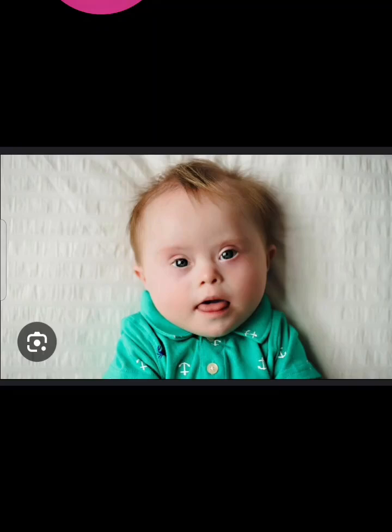There are 23 from the mother and 23 from the father, altogether 46. Among those 46, 44 chromosomes we call autosomes, and the rest, 2 chromosomes, we call sex chromosomes. That will determine the gender.